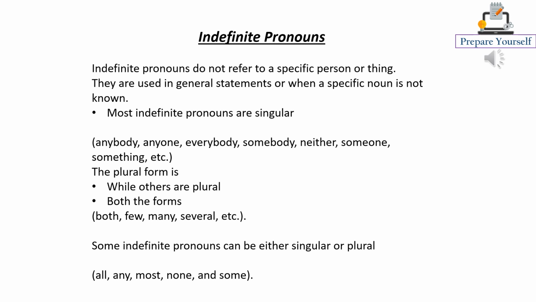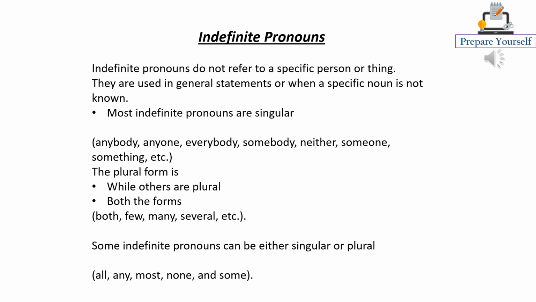Indefinite pronouns are in three forms: singular, plural, and some indefinite pronouns can be used in either singular or plural, both. Let's have a look at singular indefinite pronouns: anybody, anyone, everybody, somebody, neither, someone, something, etc. The plural forms are both, few, many, several, etc. Both forms are all, any, most, none, and some.